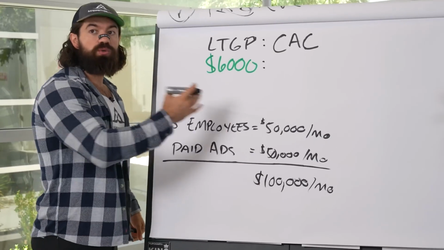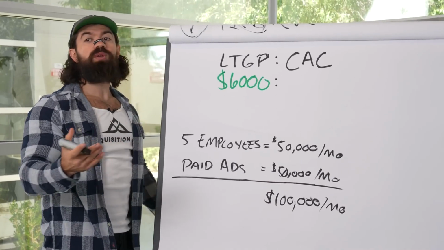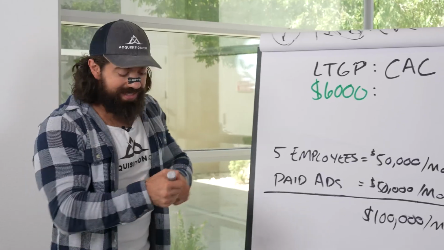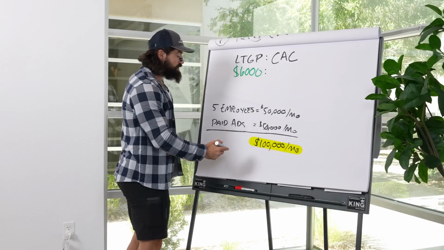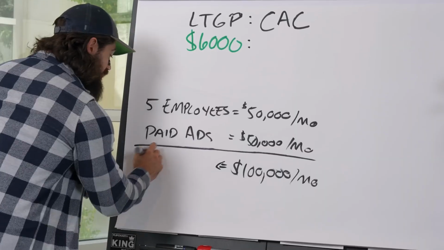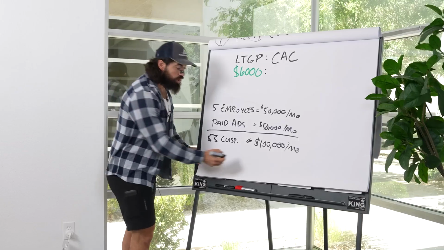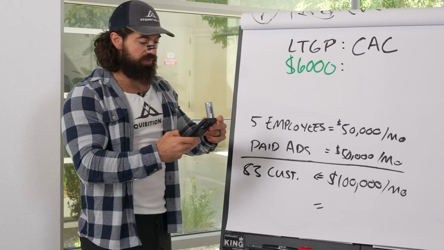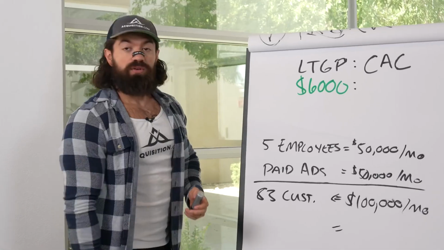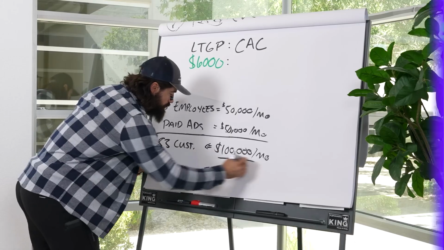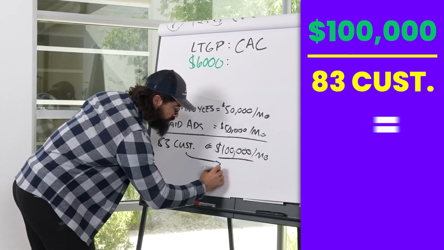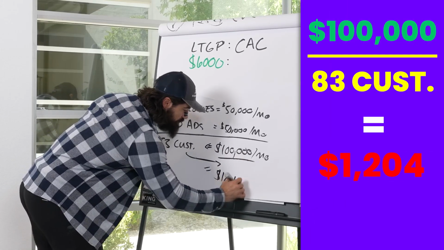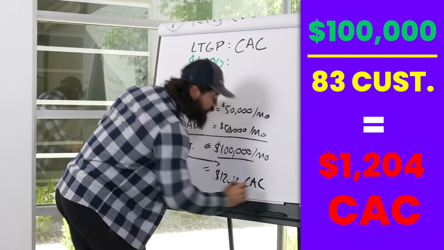And so then all you do is look back and say, okay, how many did we acquire over the last 30 days? Let's say this $100,000 bought us 83 customers. So our cost to acquire a customer would be 100,000 divided by 83. Survey says $1,204. So this divided by that equals $1,204 cost to acquire a customer.